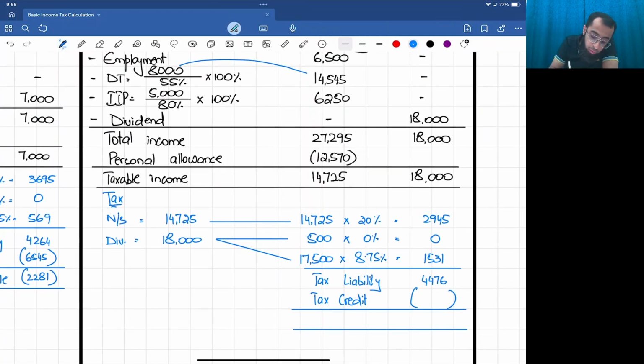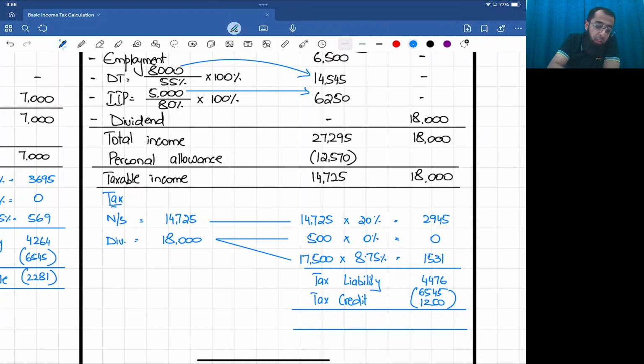Discretionary trust, you gross up from 8,000 to 14,545. You can just calculate the difference. I believe it will be 6,545. And here 5,000 to 6,250. It was a gross up adjustment of 1,250. Basically, this grossing up represents the withholding tax impact.